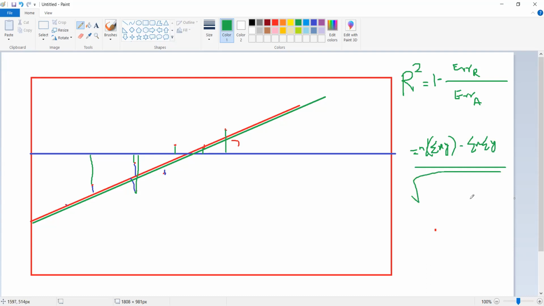So you have n into sigma x square minus sigma x whole square. This is one, and then you multiply this with the same thing on the other side: n sigma y square minus sigma y whole square. That's the formula. What is x and y here?